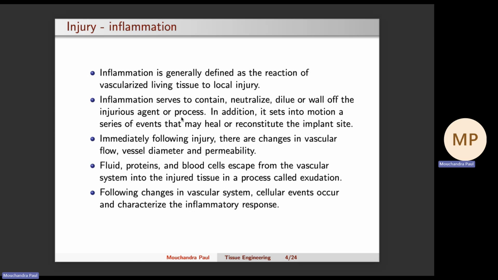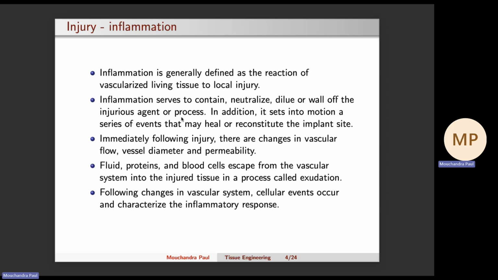If some very high concentration drug has been injected, then our body will try to remove it from the site, right? And lower its concentration, wall off. So again, it seems appropriate to say that if any pathogen agent has entered, then it should be contained to that particular site.